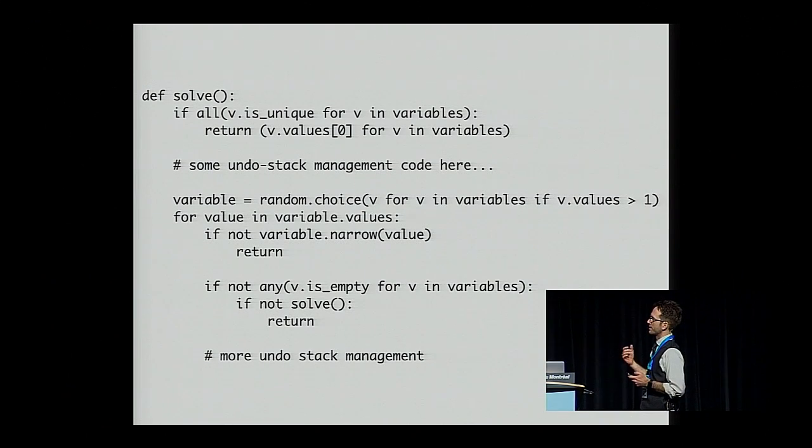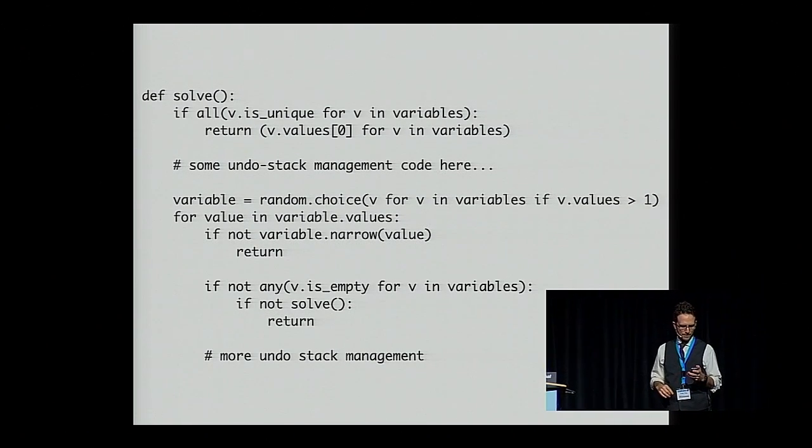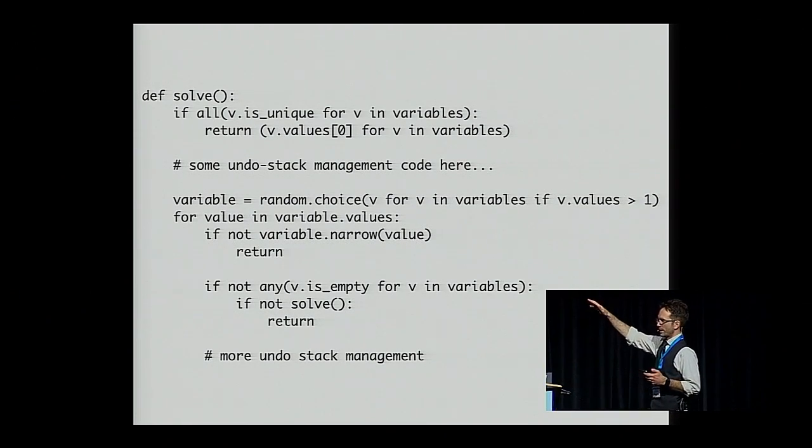This is where we get into some of the edge cases we have to handle. So the solver just has to look through to make sure that once all my variables have a unique value, I can stop and return my values, or however I decide to do that. You want to have some undo stack management in there. This is an optimization step. There could be a point where a variable is narrowed down to an empty set, which is an invalid state.